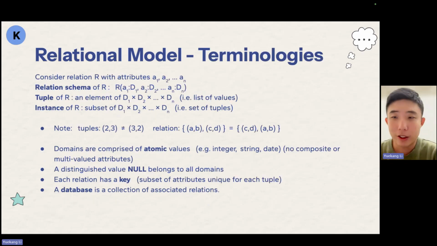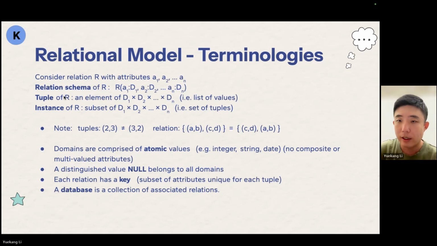And here are more terminologies. A relational schema is a combination of the relation name and a list of attributes, and each attribute has an attribute name and a domain. A tuple is a list of values.